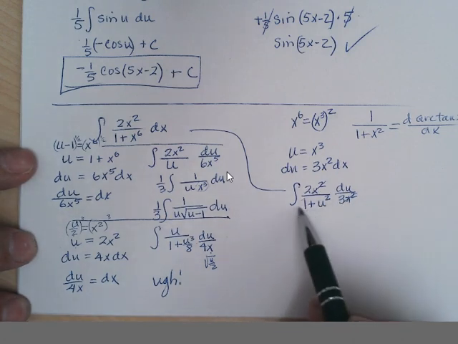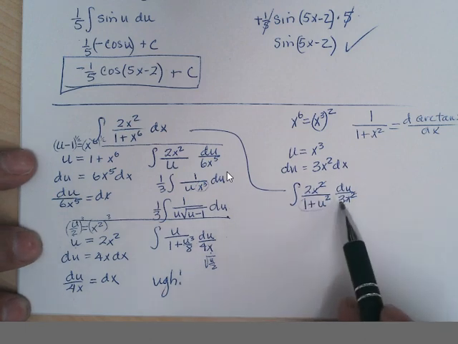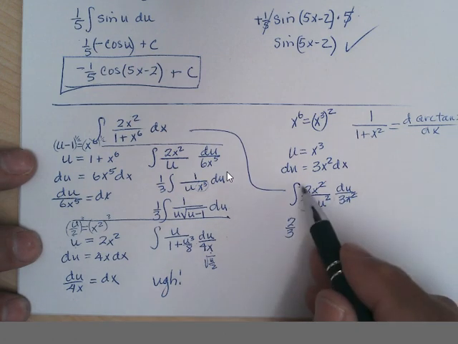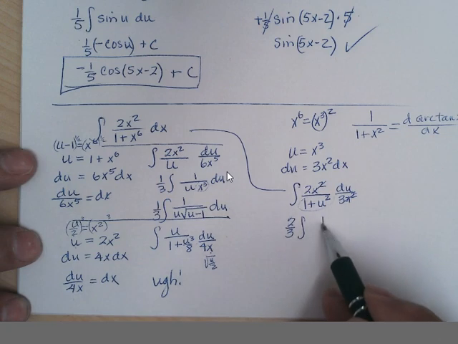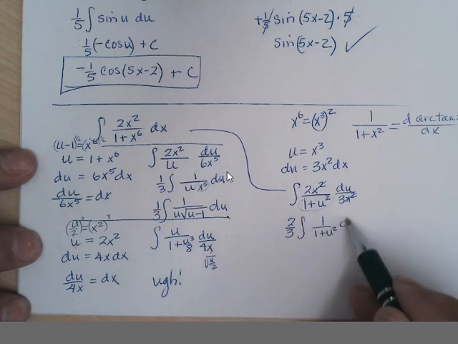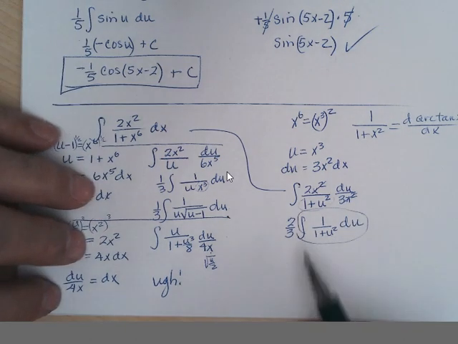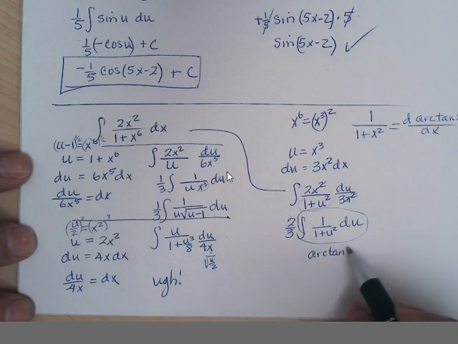I've got something that's looking like the derivative of arctangent if I factor out the 2/3. So I got 2 over 3, that's in the numerator, that's in the denominator, antiderivative of 1 over 1 plus u squared du. That looks like the arctangent of u.